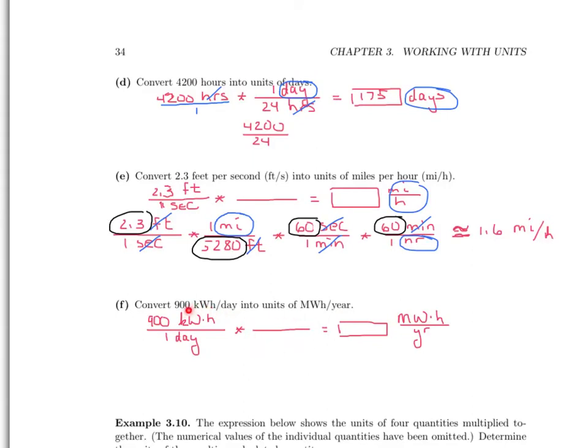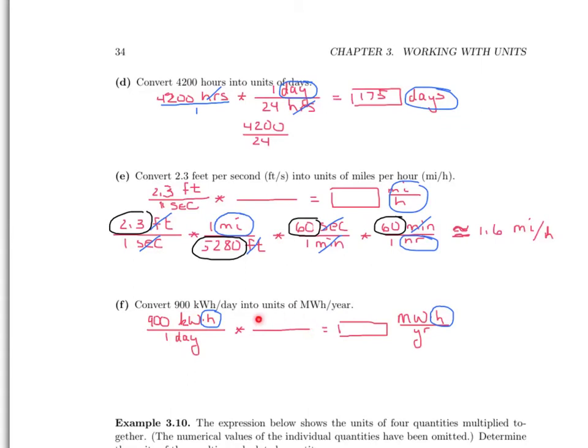Well, let's look at the units we're starting with and the units we're finishing with. Key observation to make here is that hours appears in both the units we're given and the desired units, so we don't want to eliminate hours. Really what we need to do here is convert from kilowatts to megawatts and convert from days to years.